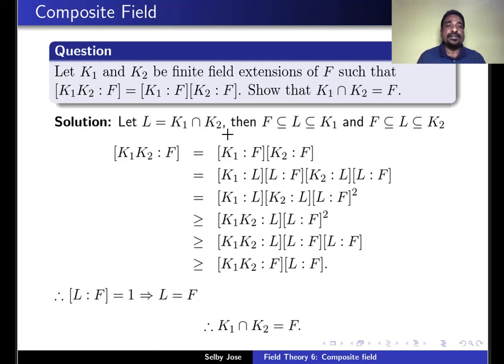Suppose L is equal to K1 intersection K2. Then definitely F is contained in L, which is contained in K1, and F is contained in L, which is contained in K2.